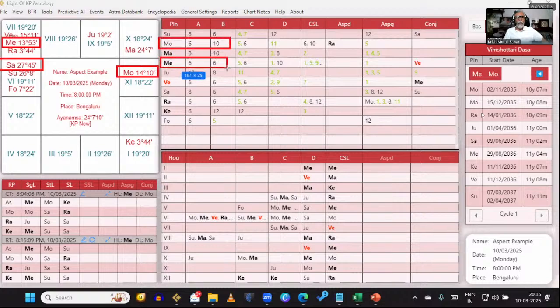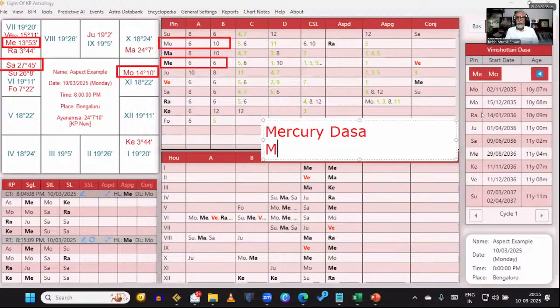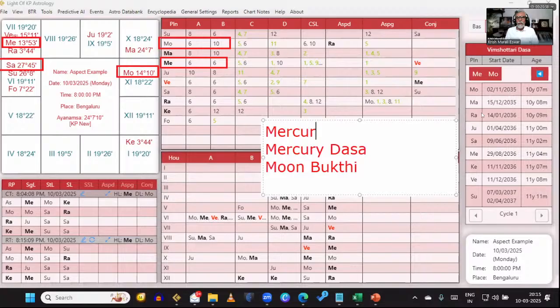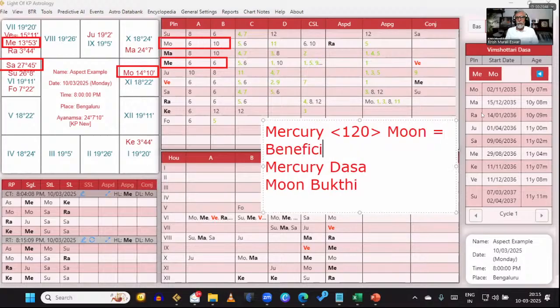Mercury is signifying 6 and 6. So in Mercury Dasa, Moon Bhukti, Mercury has a 120 degree aspect to Moon. This is benefic.